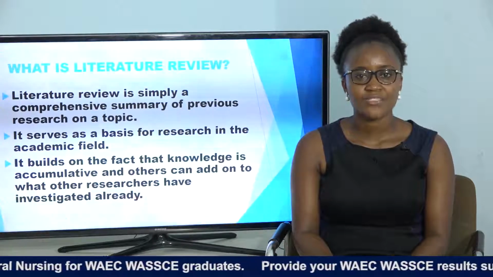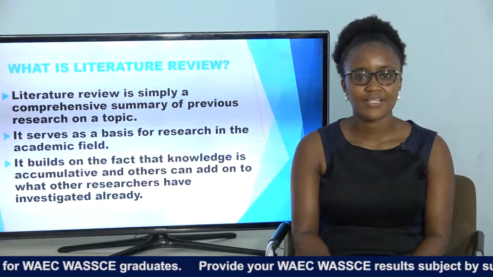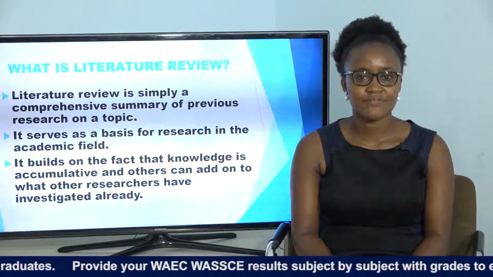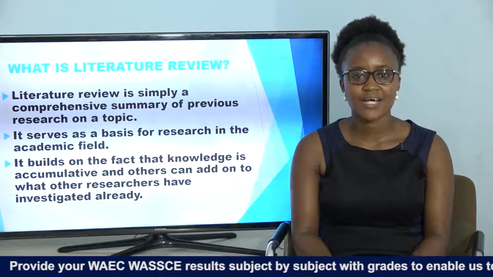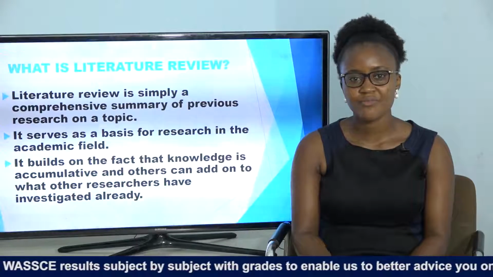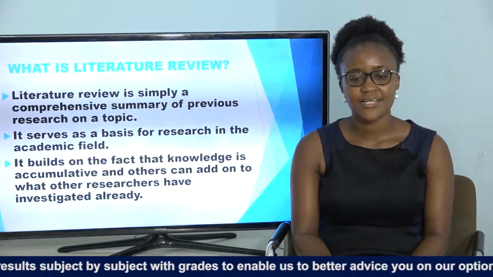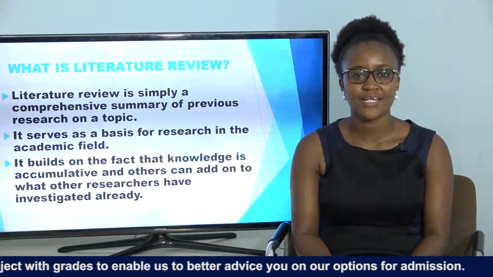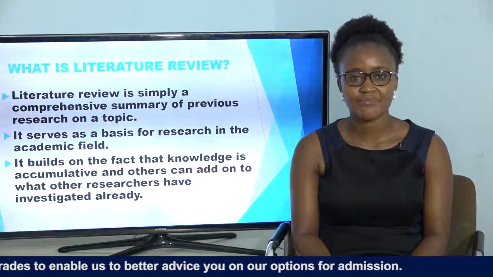And so literature review builds on the fact that knowledge is accumulative. Knowledge is accumulative, and others can add on to what other researchers have investigated already. What we mean by that is that knowledge is never stagnant. There is always an increase in knowledge as researches are being done.